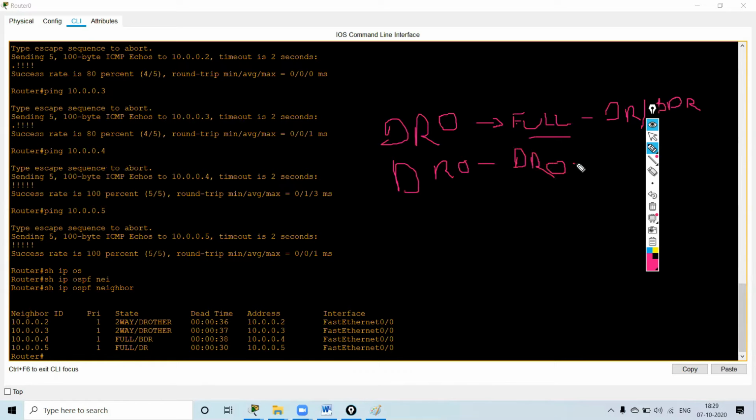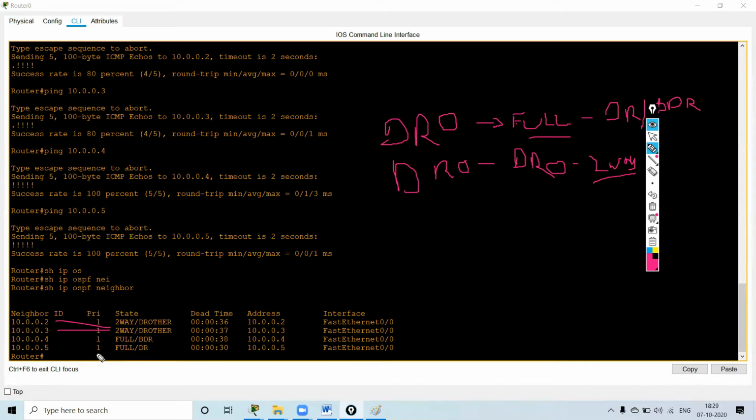DR other and DR other will be stuck at the two-way state because they will not exchange any information. See, these are my DR other routers. The state over here is two-way. The adjacency will not be full.